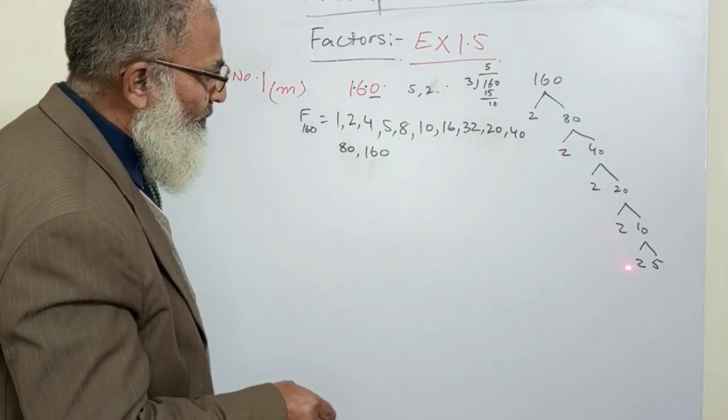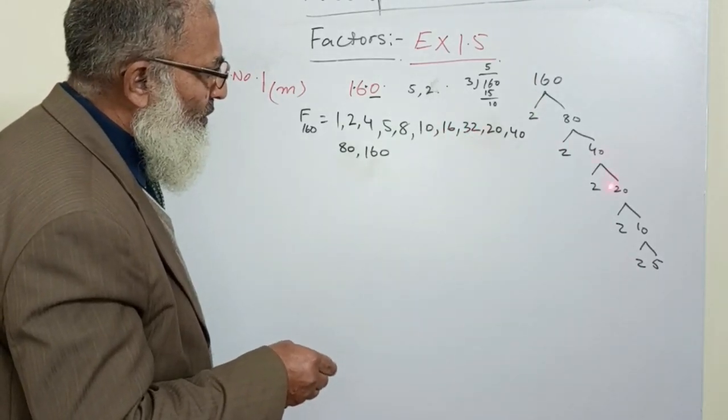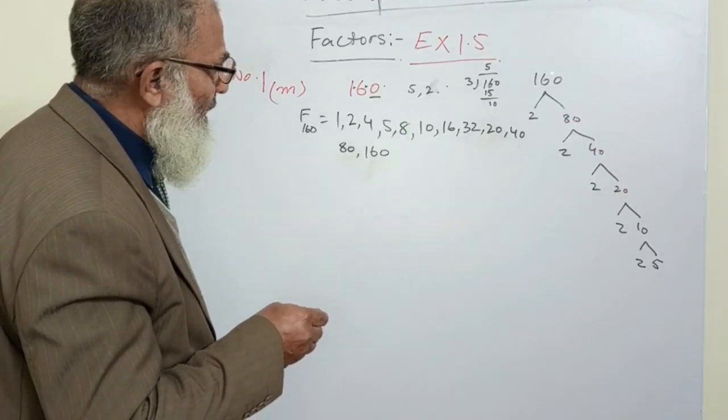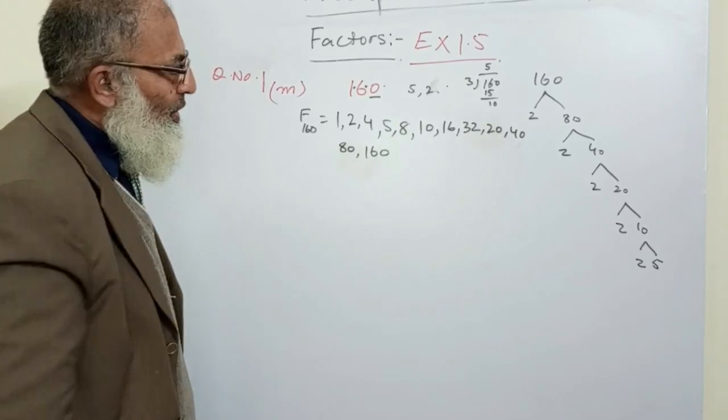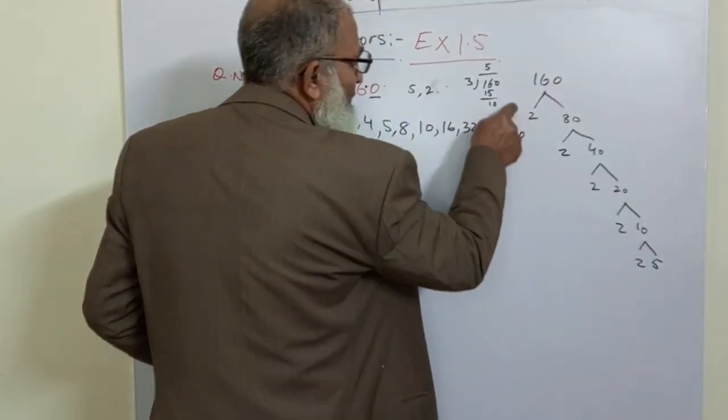And all these 5 2's, 32, 20 is written over here, 40 is written over here, 80 is written over here, and 160 is written over here. So all the factors come from this factor tree.